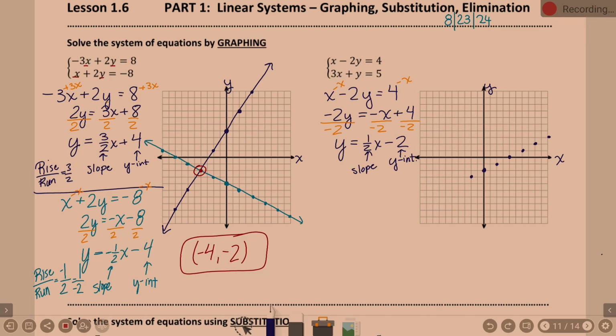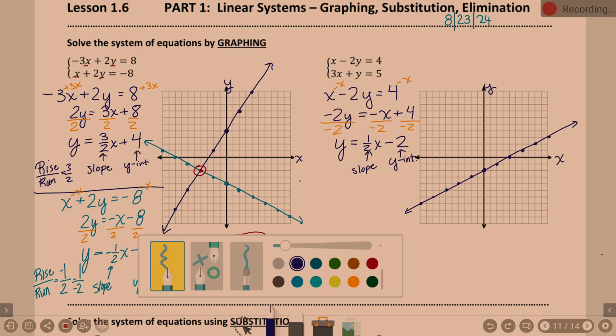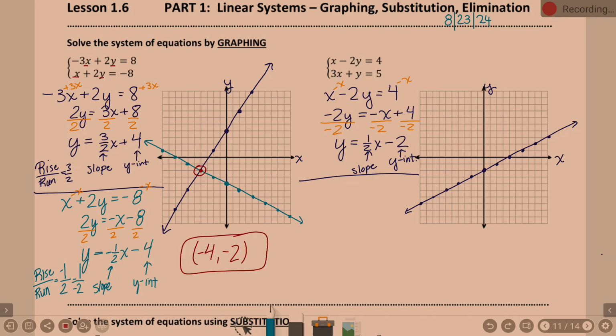Down 1, left 2. Okay. Make sure your graph looks right. Connect your points.